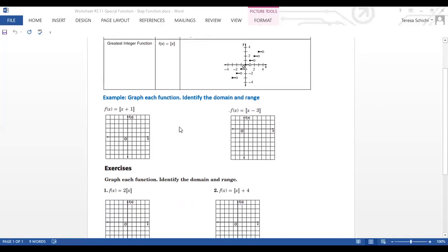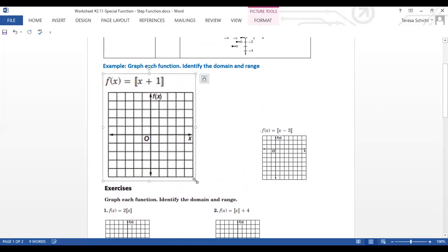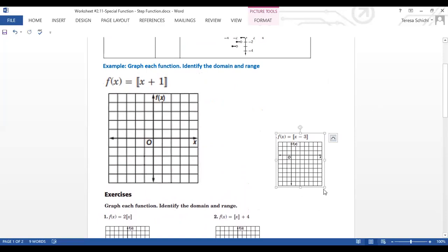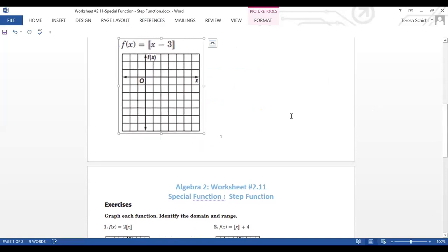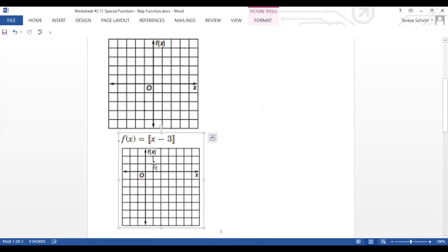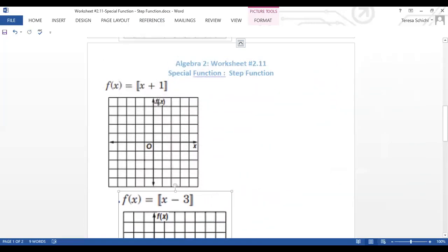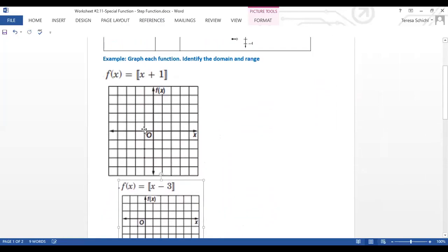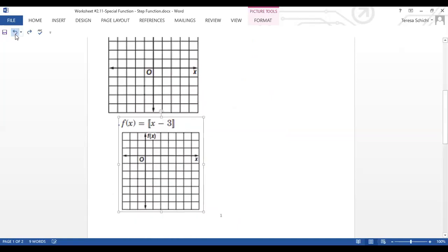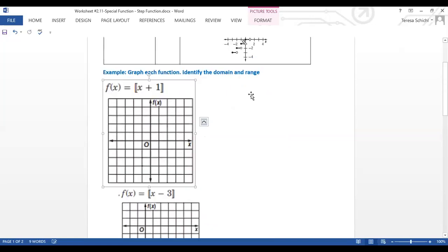Now I'm going to make it a little bit bigger so I can graph easily and you can see better.